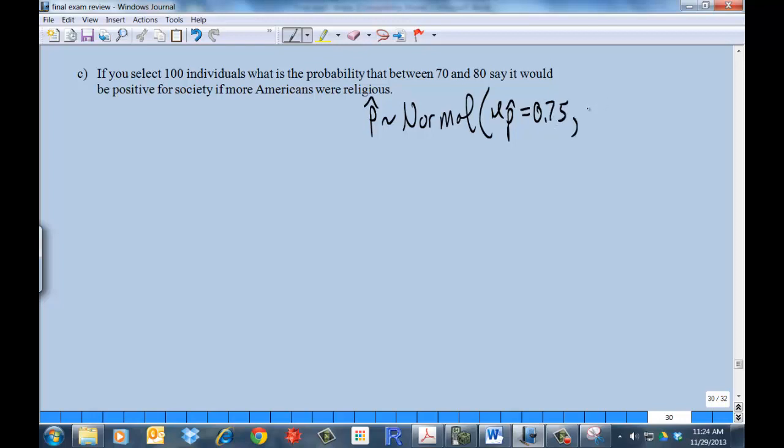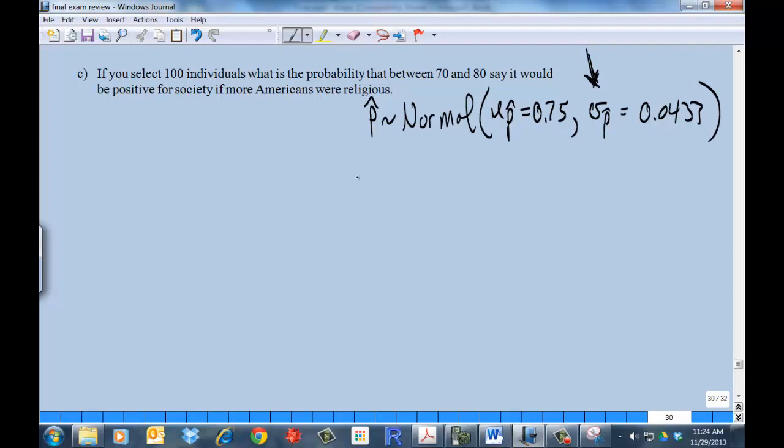Now this is going to be exactly the same as it was for part A. So we've got a standard deviation of 0.0433. So nothing has changed. Only part B changed, because we changed the sample size from 100 to 250, so the standard deviation had to change. Here we're going back to the sample size of 100, so we can use the exact same distribution.